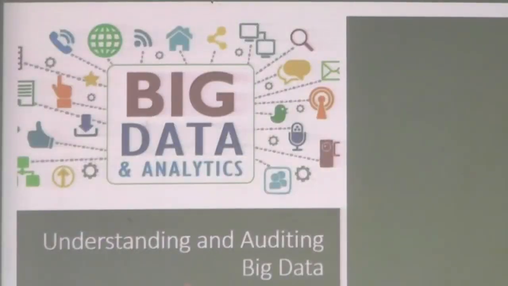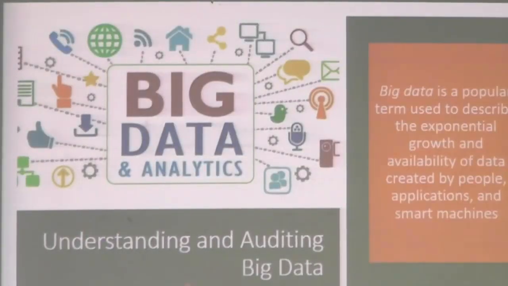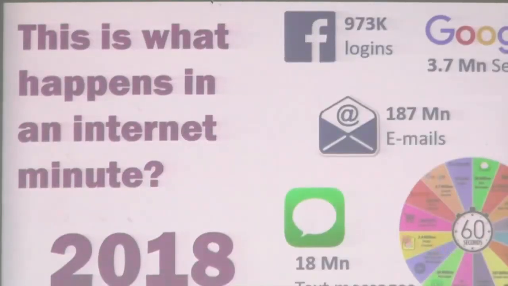I spoke about big data as exponential growth of data. See this word, growth of data, and you can see these numbers, you will wonder what happened in 2018 within a minute: 3.7 million Google searches, 187 million, 18 million text messages. When you have big data, all this information can be analyzed to make meaning.